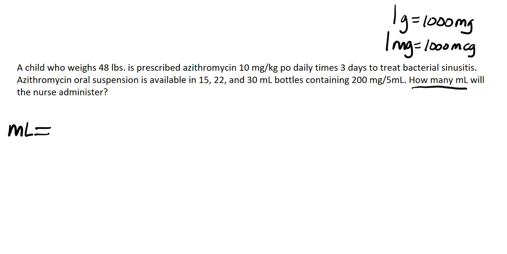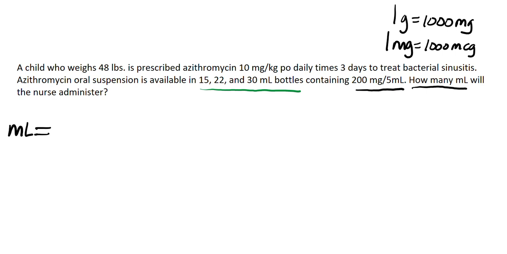Milliliters equals, what do we have available? We have 200 milligrams per 5 milliliters. Now this other stuff in here, talking about you have available 15, 22, and 30 milliliter bottles, that's all fine and dandy, but that's not what we're looking for.